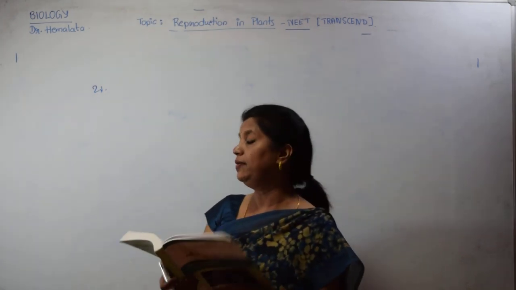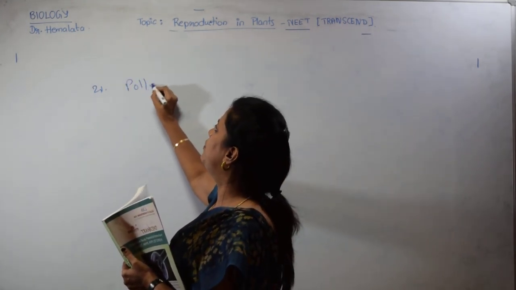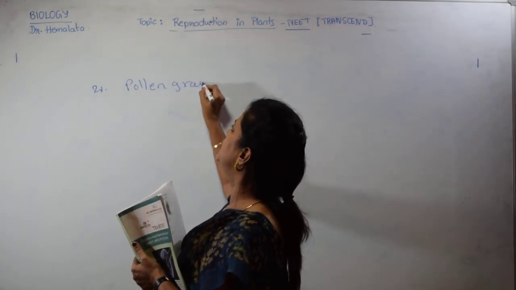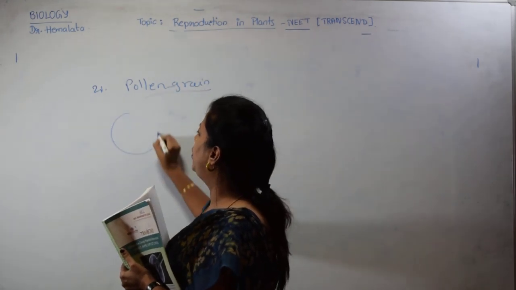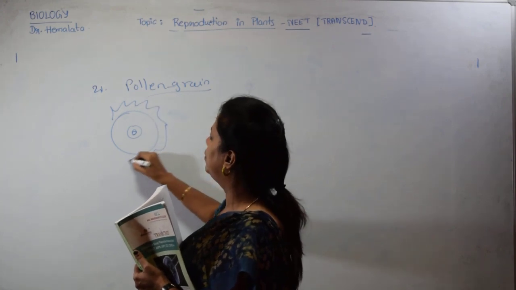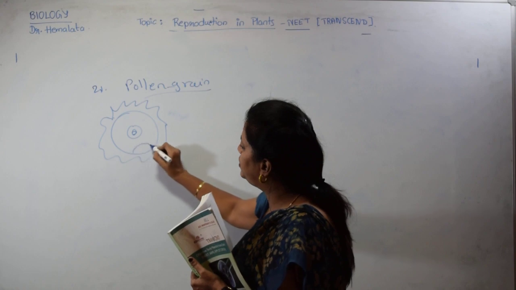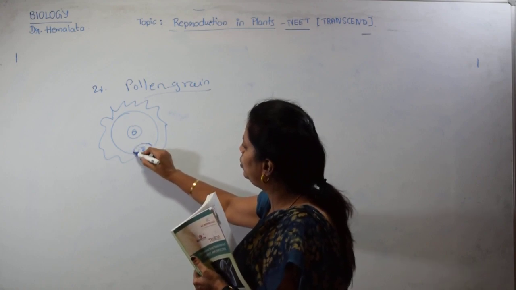So now again I will show you how exactly the pollen grain undergoes division. If you talk about pollen grain germination, this is the haploid pollen grain having intine, and this is exine. Whenever it is developing, first it will undergo division here only to form two nuclei.